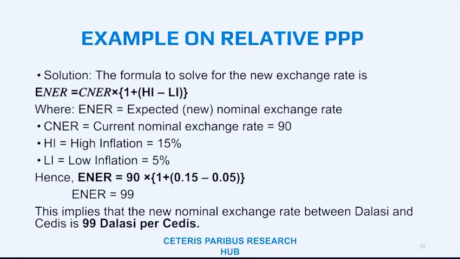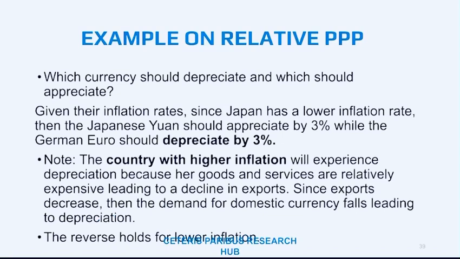So lastly, but most importantly, you always have to understand how the nominal exchange rate has changed relative to the difference between the two inflation rates. So which currency should depreciate or appreciate? So you go back again to our example with Japan and Germany.